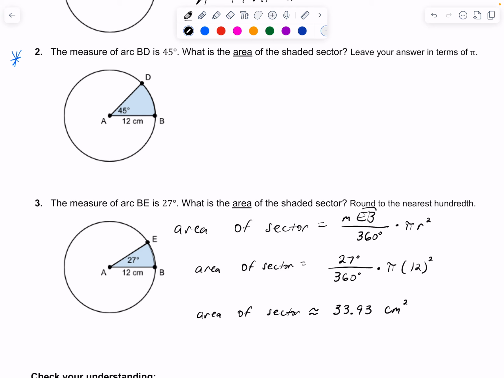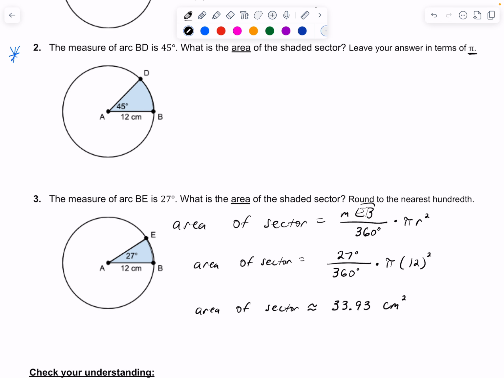Okay, now let's do the new stuff here, finding the area of the shaded sector. It does want me to leave my answer in terms of pi, so no approximation needed here. Now, if they tell me this angle, DAB, is 45 degrees, you can see that the measure of arc BD is 45 degrees. That is the idea of the central angle.